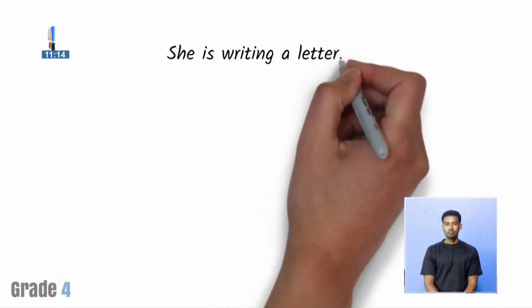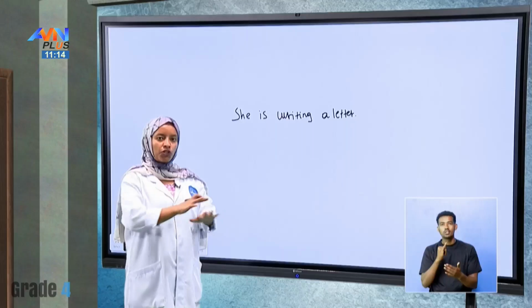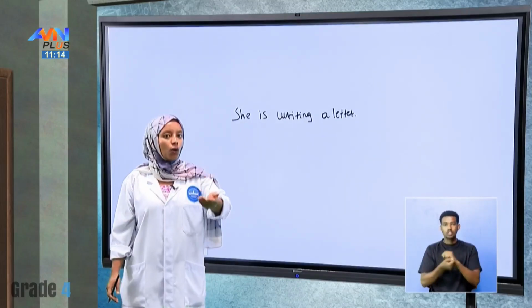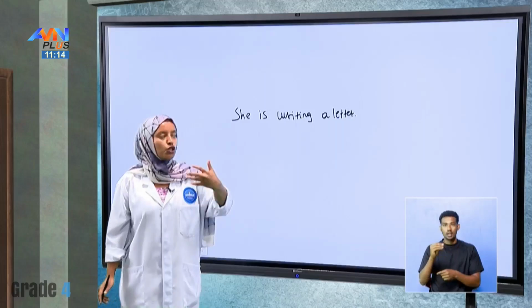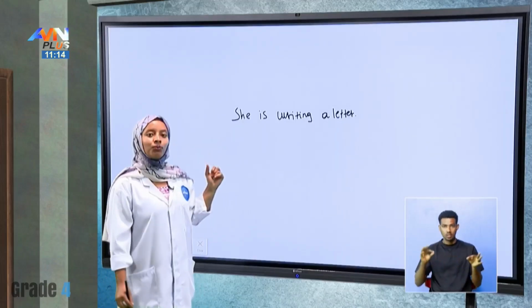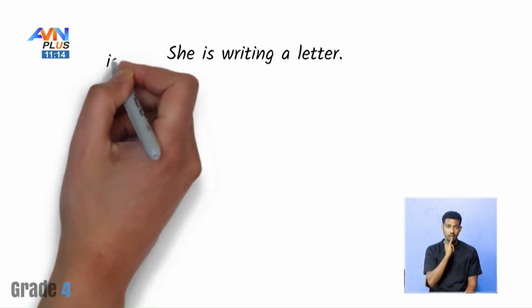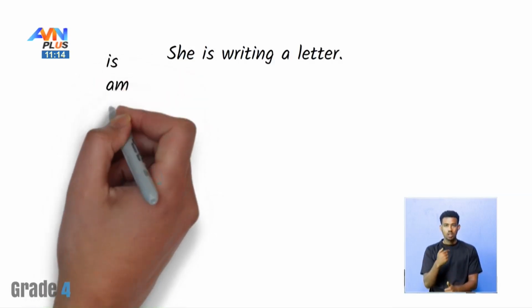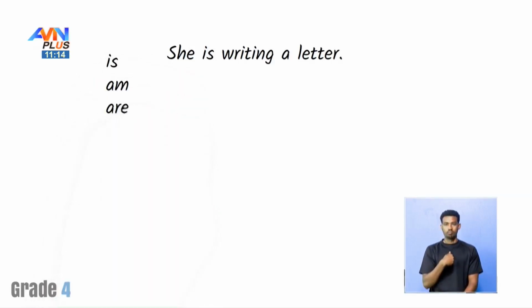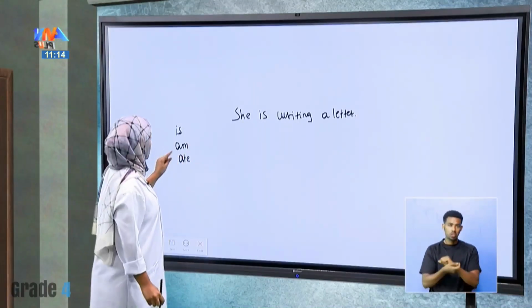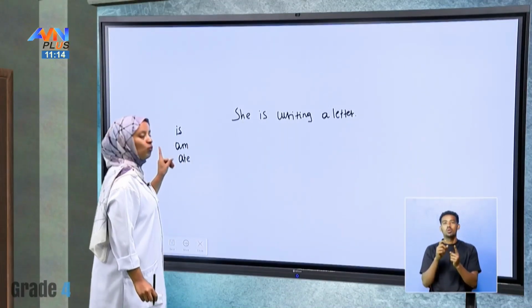So this is an affirmative sentence, a positive sentence. Let us change it to a question, or what we call interrogative. To make a question, we can use is and are.